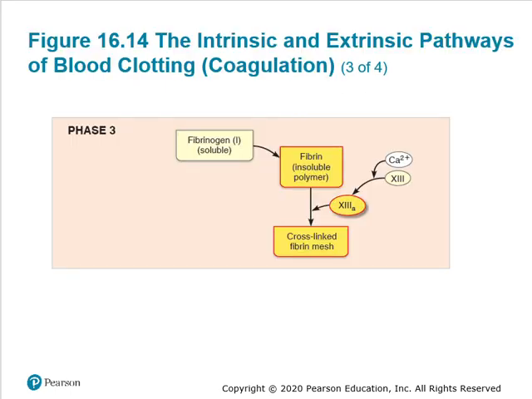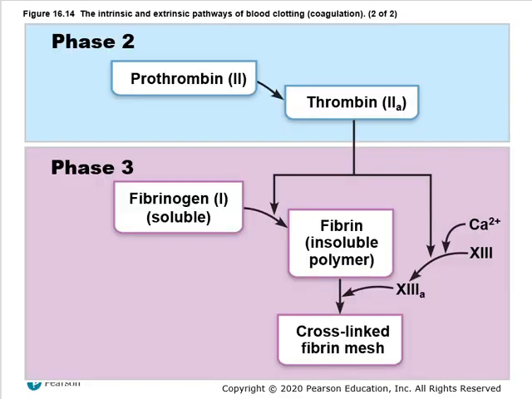All right, so let's review. After we get thrombin, it turns fibrinogen into fibrin, and we get a cross-linked mesh. So here are those steps. So again, after we got thrombin, it turned fibrinogen into fibrin, and then we got the cross-linked mesh.